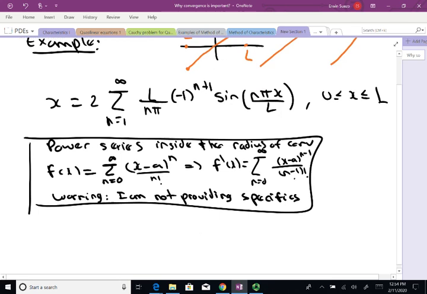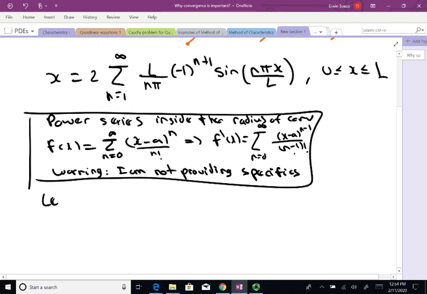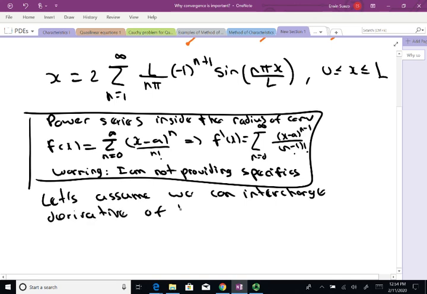So let's see what happens here. So let's assume we can interchange the derivative of x with the derivative of the infinite sum, the derivative with the sum.